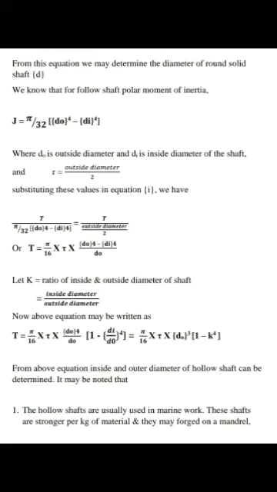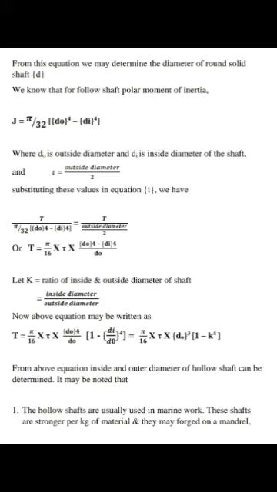This equation has come from above only by taking d0 as common. If we write di upon d0 as K, then the equation becomes pi by 16 into tau into d0^3 (1 minus K^4). From the above equations the inside and outside diameter of the hollow shafts may be determined.